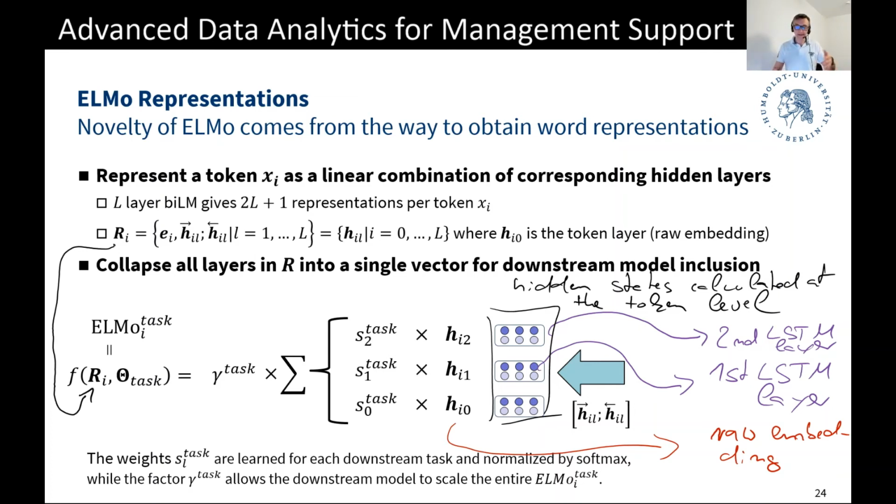R_i is the vector where all the information from ELMo comes in. It's the raw embedding, the first LSTM embedding, and the second LSTM embedding for each of the tokens together. And this other bit here in the function f, one input being R_i, the other input being theta task.